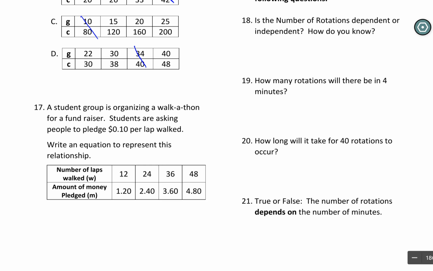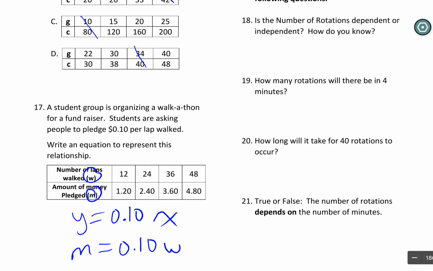So dividing by 10 and multiplying by 0.1 or 1/10 is the same thing. So then my y equals 0.10 times x. Or because my variable is M, I could say that M, the amount of money pledged, is 10 cents times the laps walked.